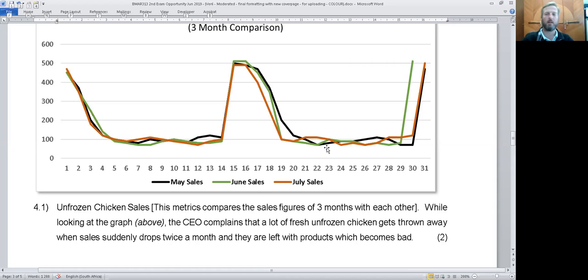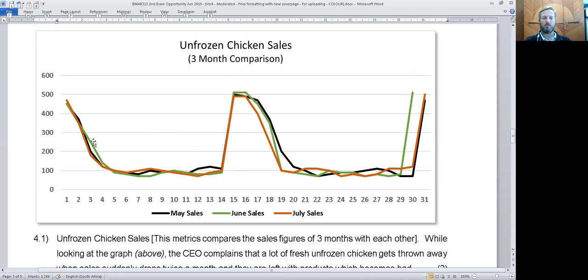Okay, that being said, if you look at this graph, we will see that there's a dropping off, a peak, and another valley dropping off. So that happens twice a month. So the scenario is that the CEO raised a concern that they get a lot of fresh chicken, unfrozen, and there's good sales, and then the chicken becomes bad.